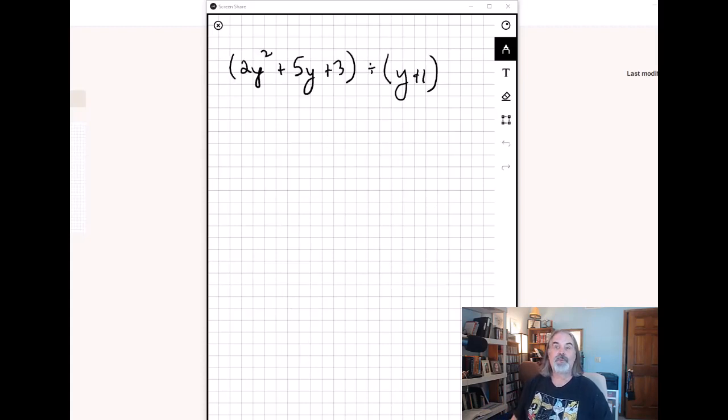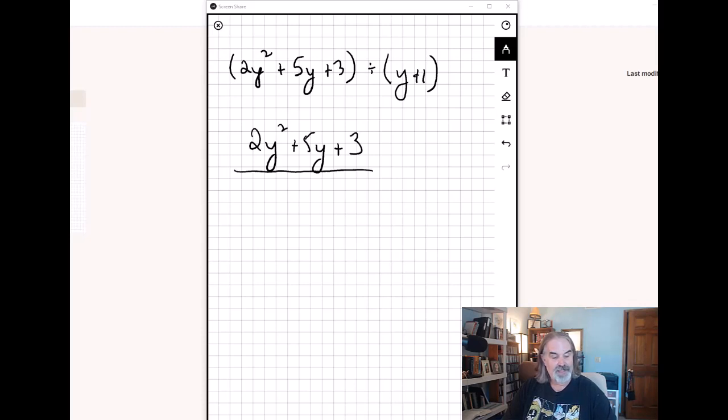Let me show you this one last division problem here, where again we're going to employ factoring, but it's got a little bit of an extra complication because that leading term on the left is a 2y squared, not just a y squared. So we would take this, and again, my preference is to write it out as a full quotient like so.